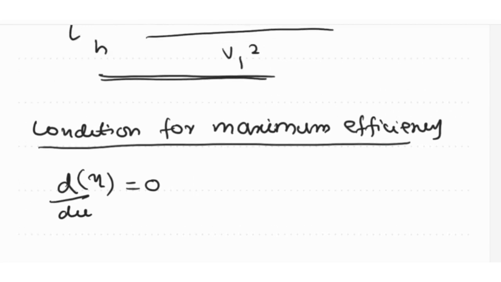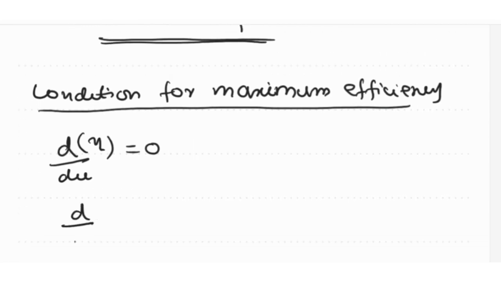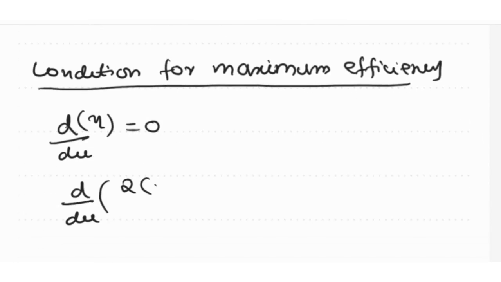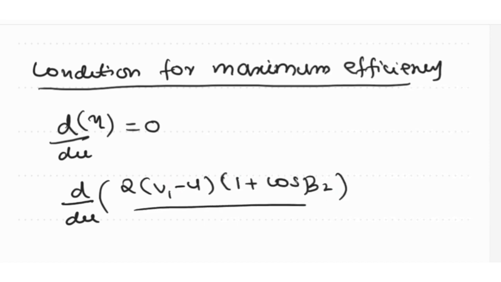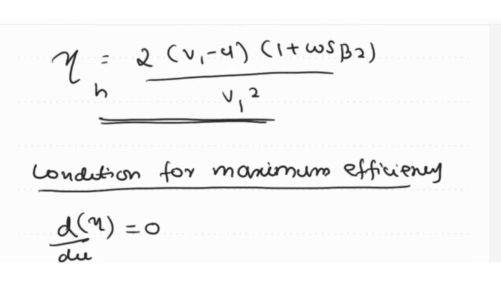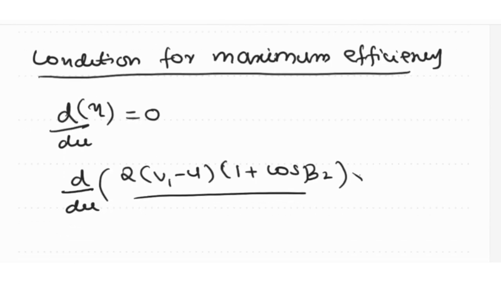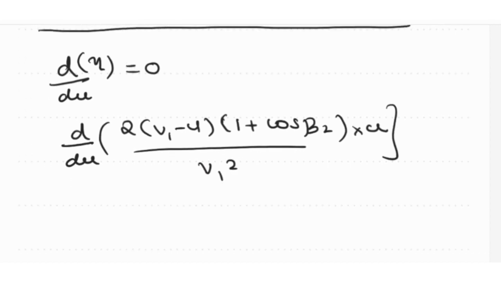So here d by du of 2 into (V1 minus U) into (1 plus cos beta 2), into U, divided by V1 square. We'll take the constant thing outside.